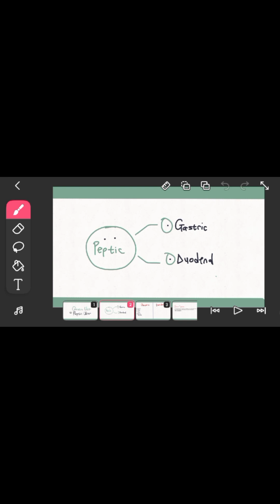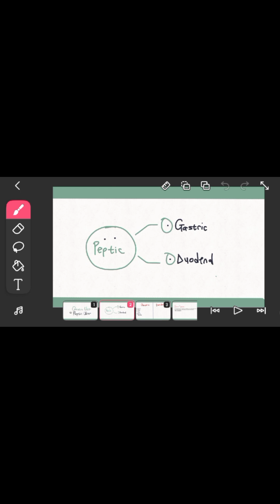But we have two common ulcers under peptic ulcers, which are gastric ulcer and duodenal ulcer. And as I've already said, an ulcer is basically a tear in the lining of the organ being talked about. In this case, it is the GI tract.